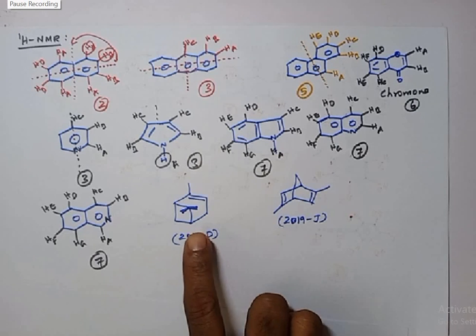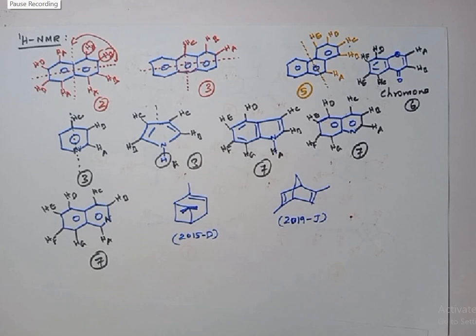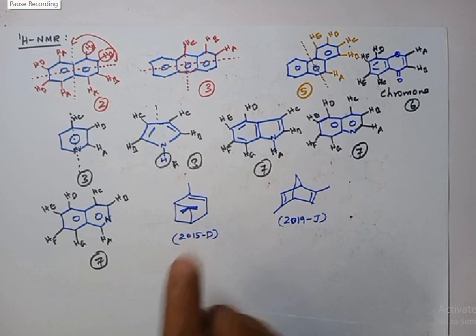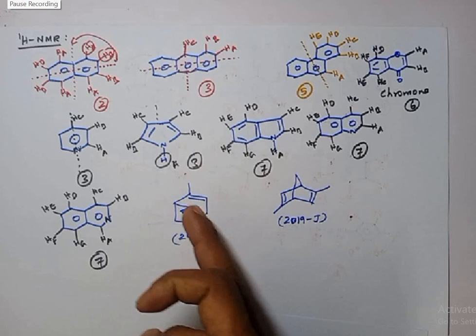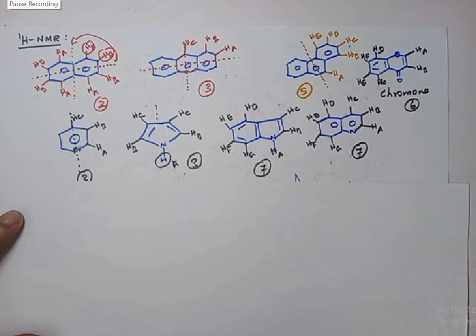Okay, then this question appeared in the 2015 December CSIR JRF NET examination. How many signals do we get for this compound in the proton NMR spectrum? Okay, let me do it here. So this compound, let me draw.